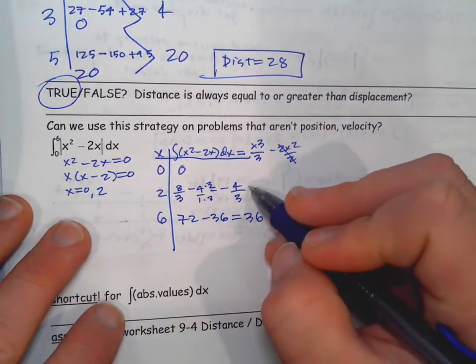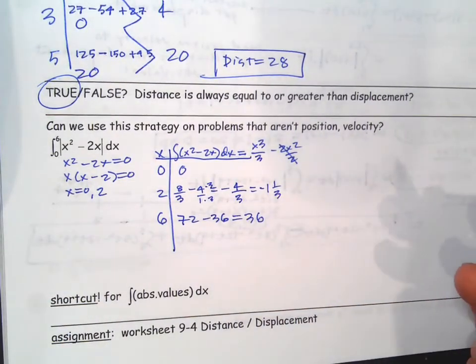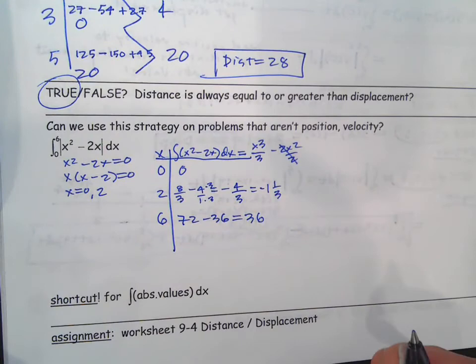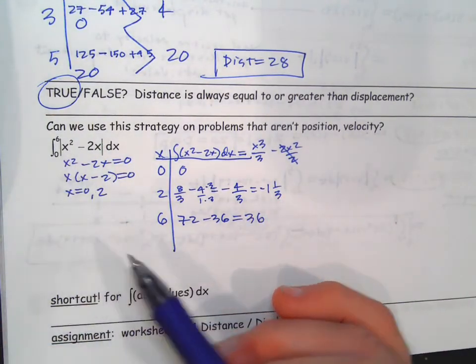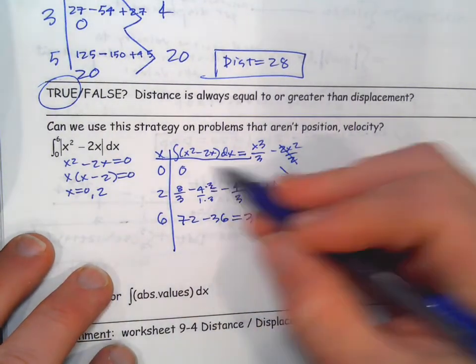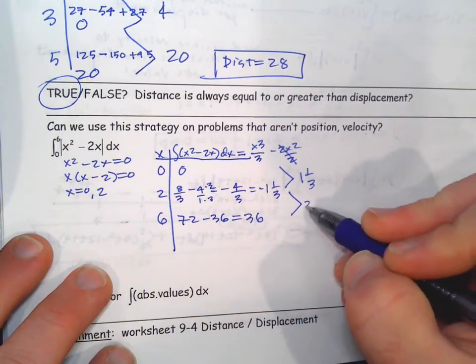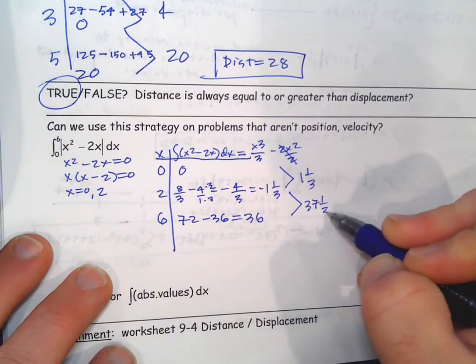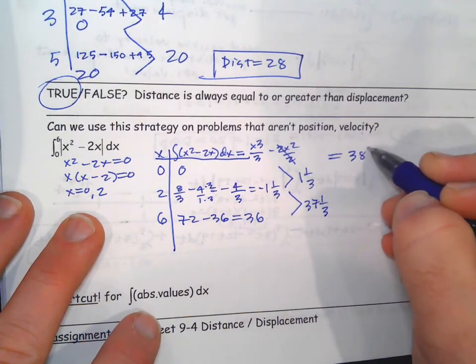You could write this as a mixed fraction, or you could write this as a fraction over 3. And when we're doing absolute values, we're trying to force these answers to come out positive, which is just like distance. What's the distance between these? Positive 1 and 1/3. What's the distance between these? 37 and 1/3. So if you add it up, what do you get? 38 and 2/3. That's the answer.